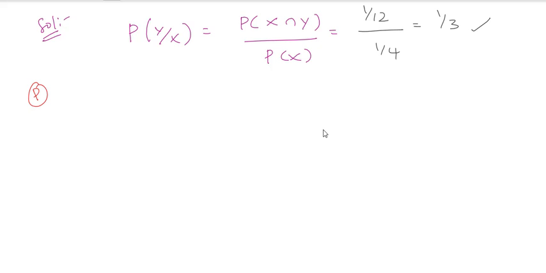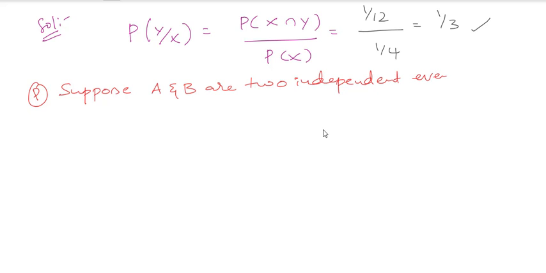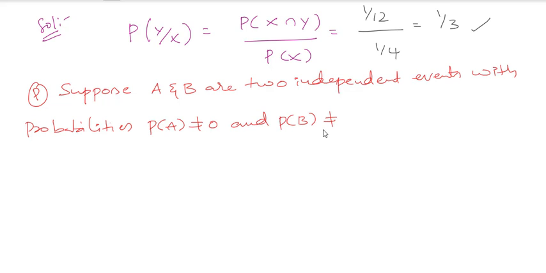Suppose A and B are two independent events with probabilities: probability of A is not equivalent to 0 and probability of B is not equivalent to 0.